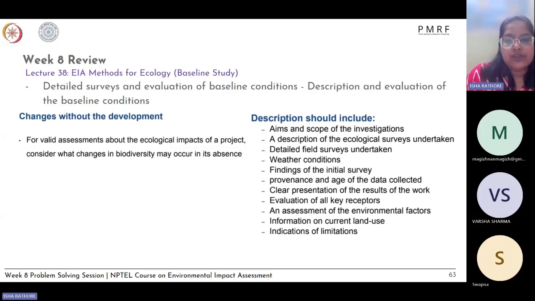Description should include, for example, when you submit the ecology report, you need to give a brief description of the aims and scopes of the investigations, the description of the ecological surveys undertaken, the detailed field surveys which were undertaken, weather conditions, findings of the initial survey, the provenance and age of the data collected, clear presentation of the results of the work, the evaluation of all key receptors, the assessment of the environmental factors, and information on current land use and indications of limitations.